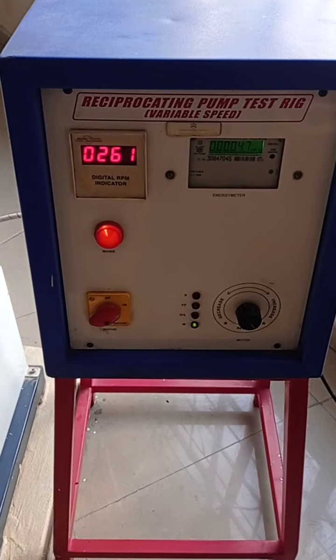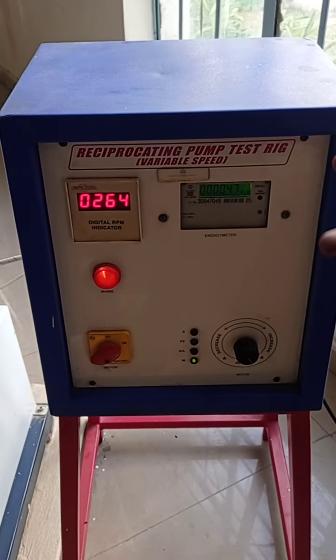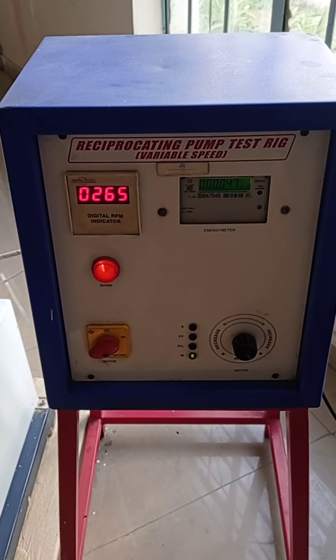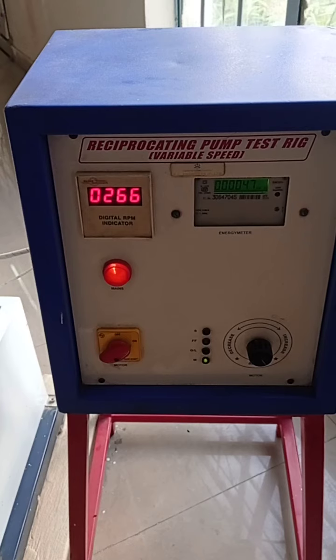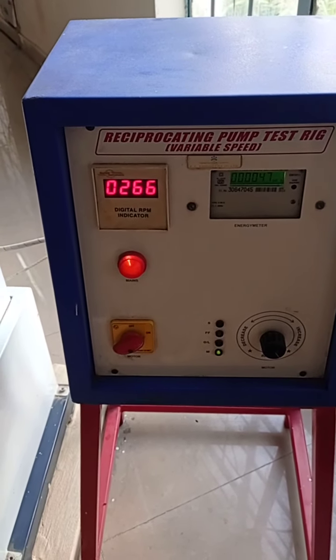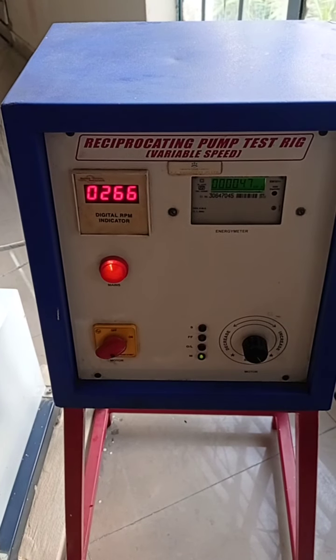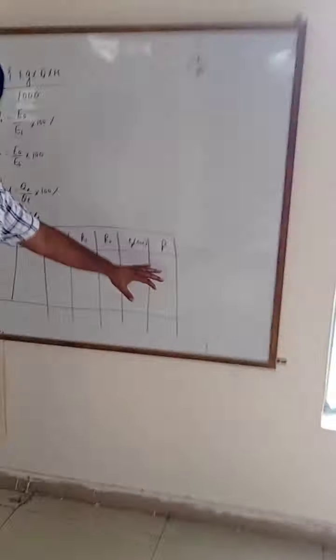You need to count the time taken for that light to blink 10 times. Suppose you counted for 10 pulses and its value is 25. So the time TP will be 25 seconds and pulses will be 10. So this is how you will take the reading.